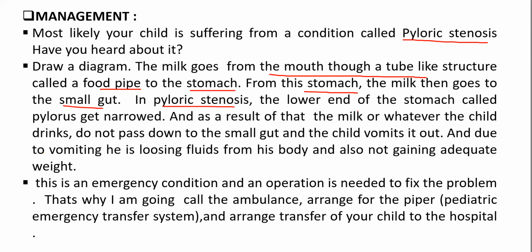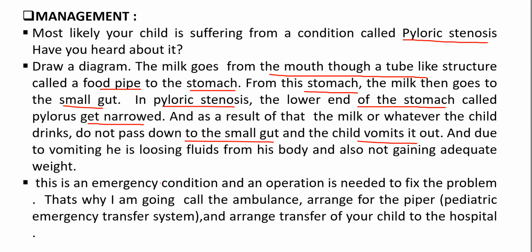In pyloric stenosis, the lower end of the stomach, called the pylorus, gets narrowed. As a result, milk or whatever the child drinks cannot pass down to the small gut, and that's why the child vomits it out. Due to the vomiting, he is losing fluids from his body. He's not getting adequate nutrition, so he is also losing body weight.